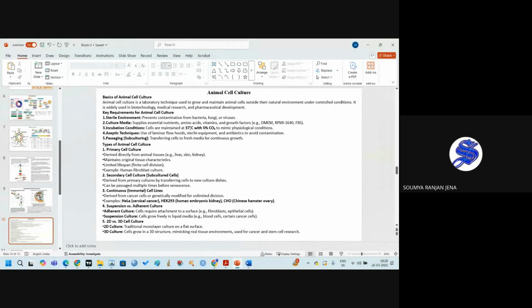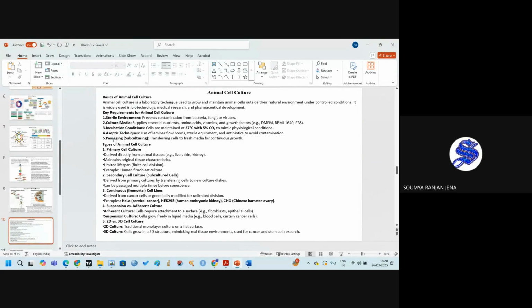All the equipment will be sterile, because infection can occur as there is no immune system during cell culture. Sometimes we also add antibiotics to the cell culture medium to avoid any contamination.